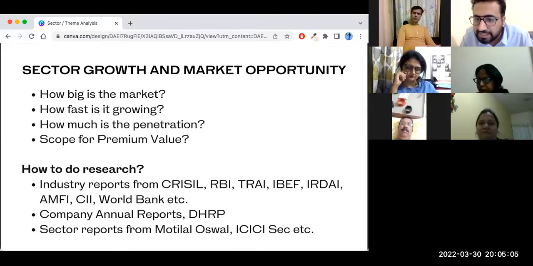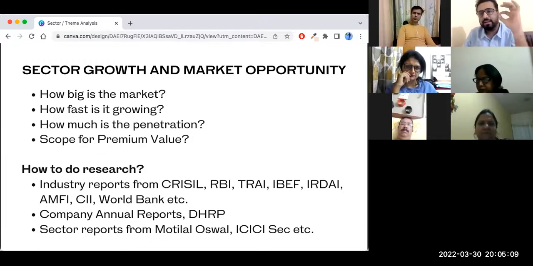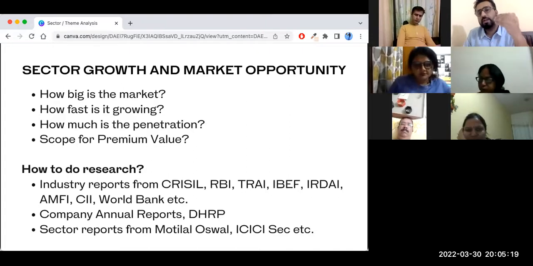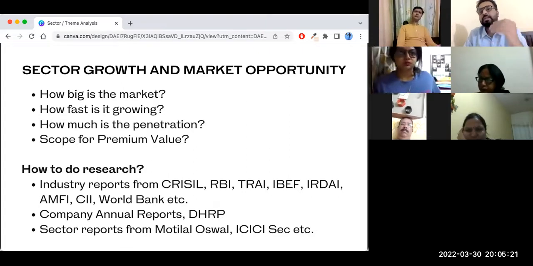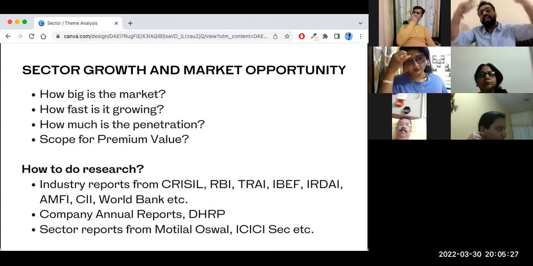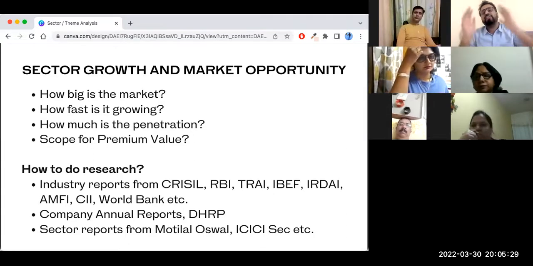Prateek says, please explain 20% growth and penetration. All right, I'll explain again. Let's say a sector, in the last 3 years, has been growing at 20% every year. The penetration of the industry currently is 85%, which means out of the overall market size, whatever customers can be acquired, 85% are already acquired.